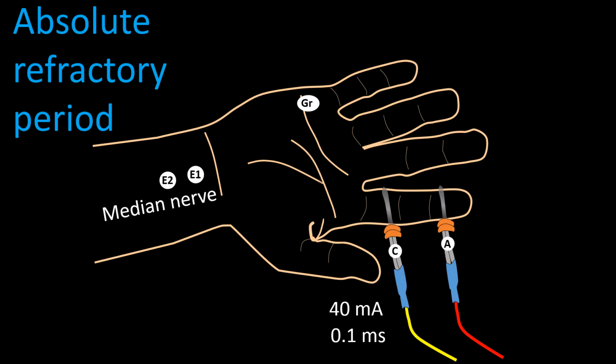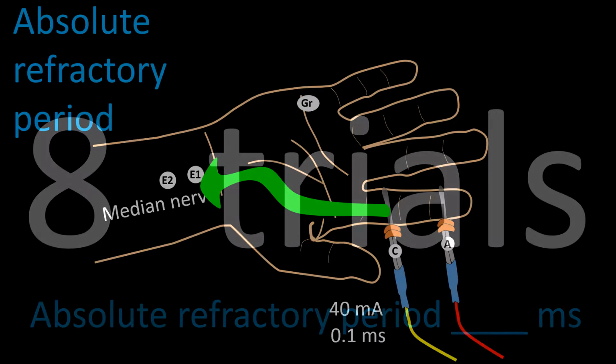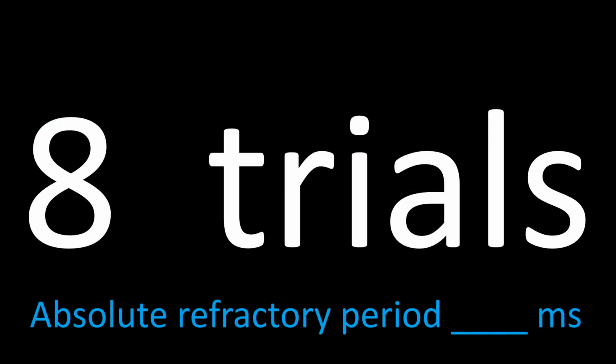In clinical practice, the median nerve orthodromic absolute refractory period can be determined by stimulating the index finger and recording from the wrist. The activity thus produced will travel as indicated by the green arrow. 8 trials or more are usually needed to determine the absolute refractory period by paired stimuli.